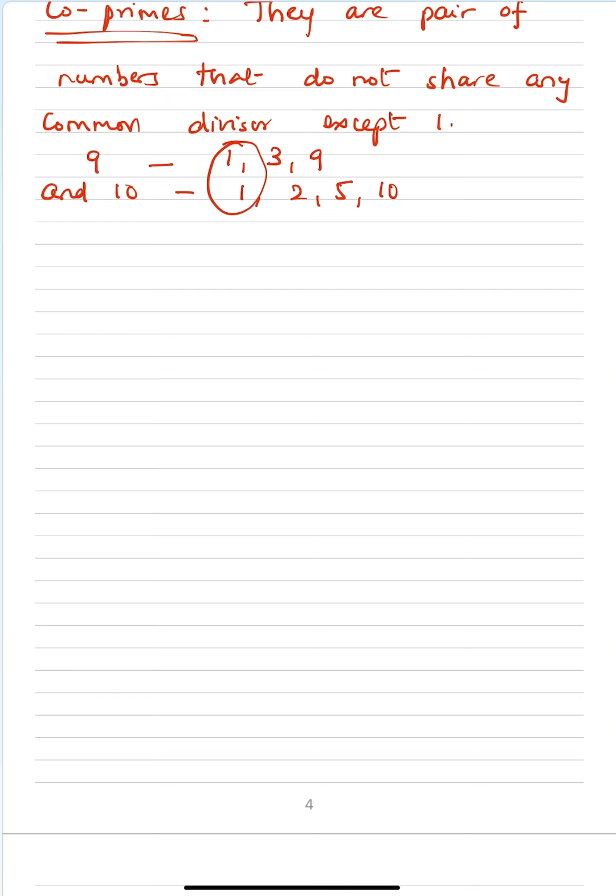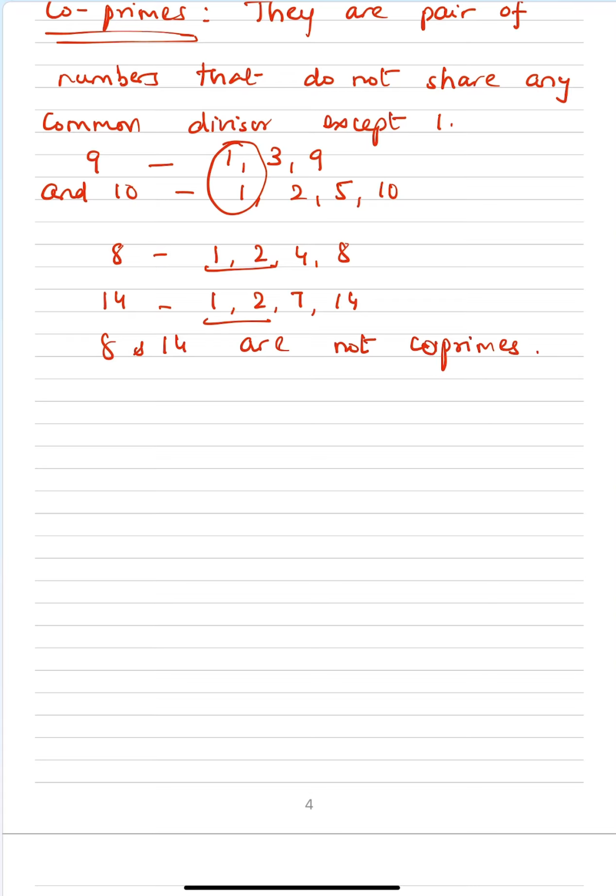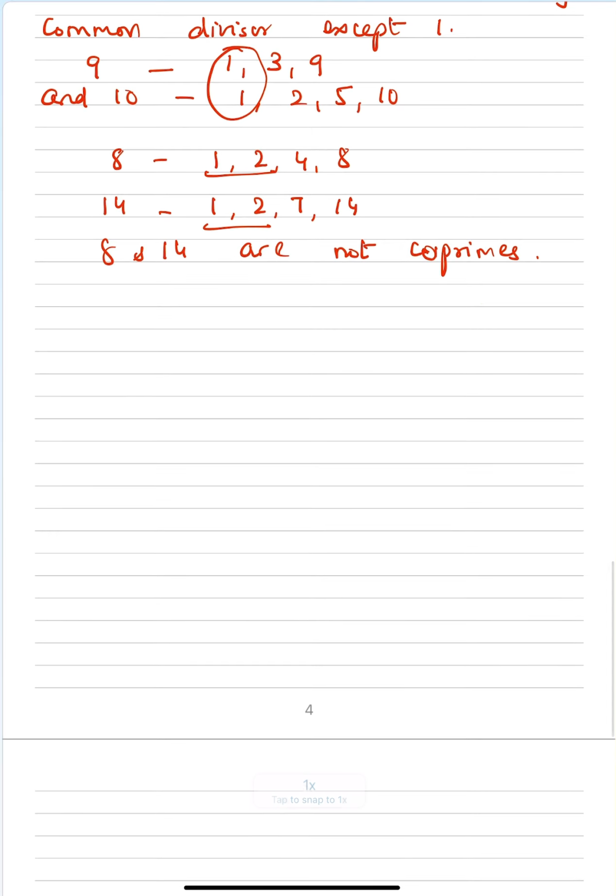Let us take one more example. Between 8 and say 14: 1, 2, 4, 8. This is 1, 2, 7 and 14. Again it has got two common divisors, so they are not co-primes. Okay, so we can say 8 and 14 are not co-primes. Got it? Let us take one more example.